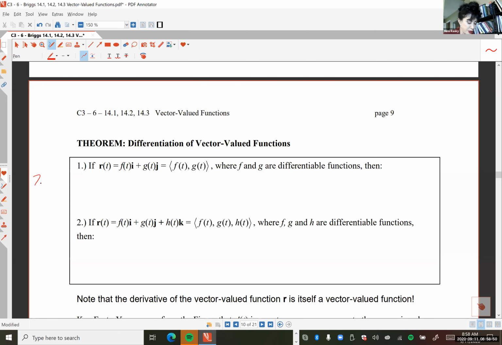So if you have a two-dimensional vector valued function, it could be given to you in component form or as a linear combination of the standard unit vectors. Then r prime, and I want to see this notation here. See this arrow over the r prime? Please do that on all of your handwritten uploaded work, else I'm going to continue to take points away until you get this notation down.